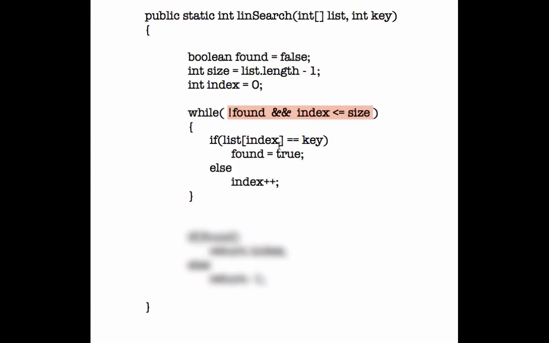Now, after this loop is executed, because we have those two conditions, we don't know which of the two was the cause that made the loop stop. We don't know, in other words, whether we found a match or we inspected the entire collection and there are no matches. So we need this if-else to differentiate between the two cases. So notice that again, I'm using the Boolean flag found.